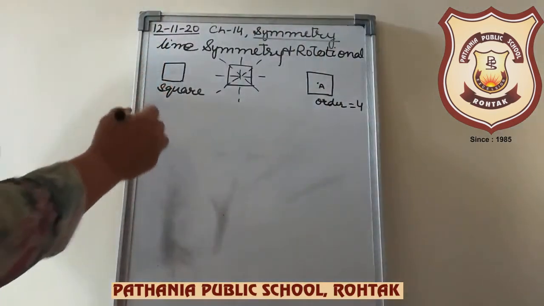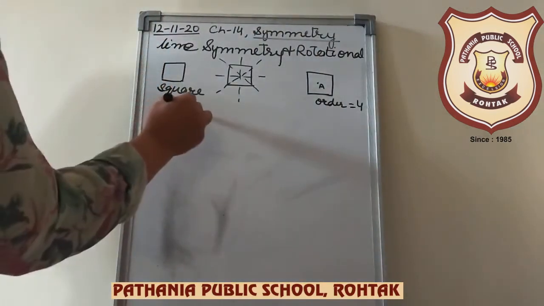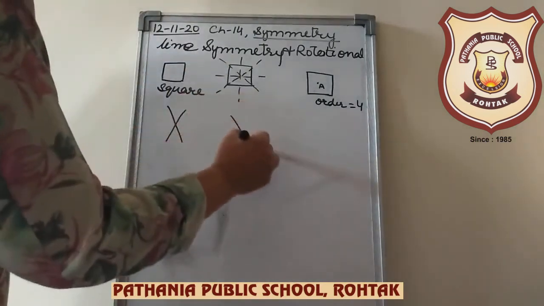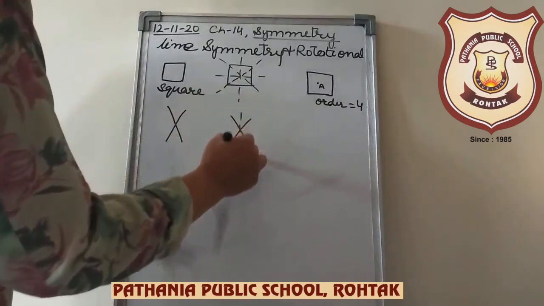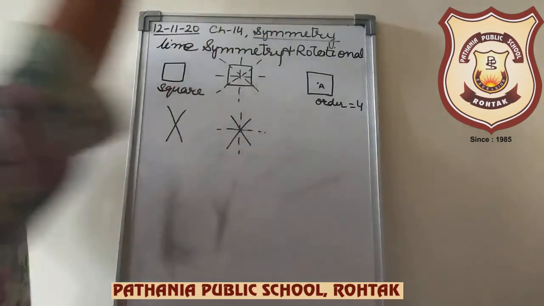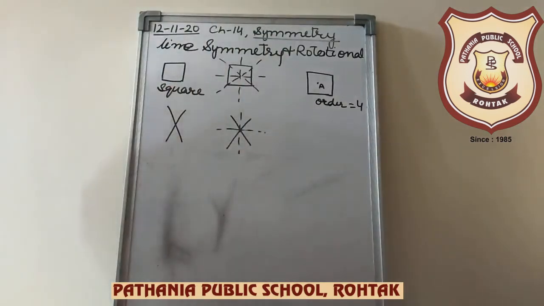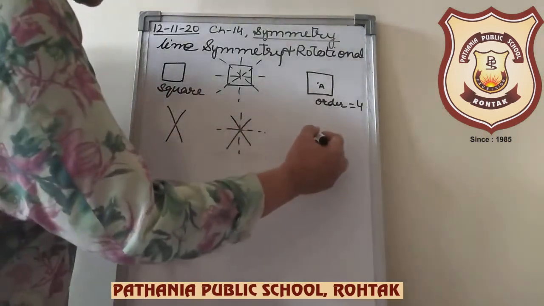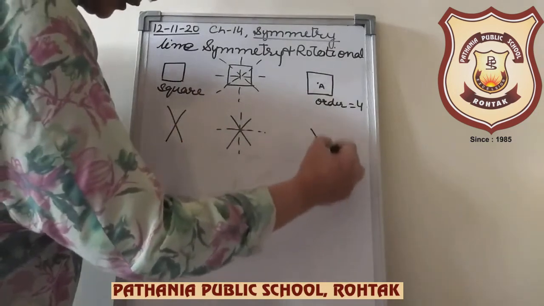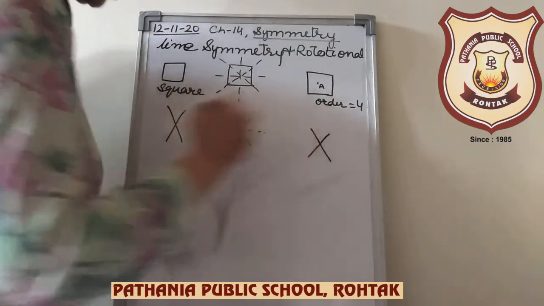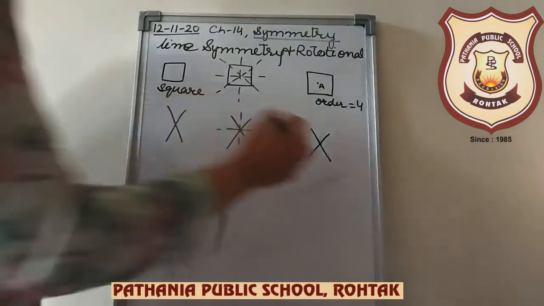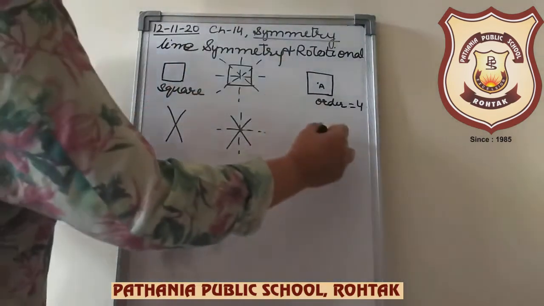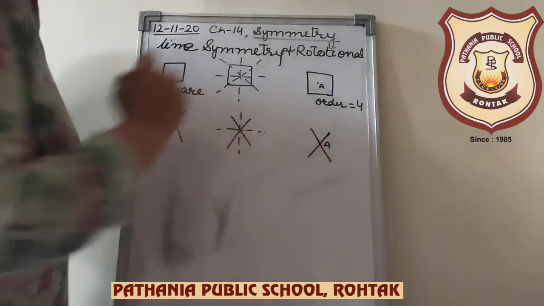Now if I take, suppose this is a figure. Now what is the vertical, horizontal? These are the two lines of symmetry. Now when I move this figure around this point A, how many times will I get the same figure?